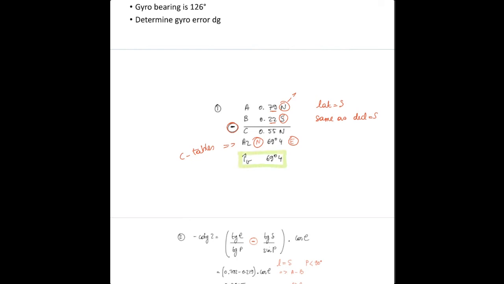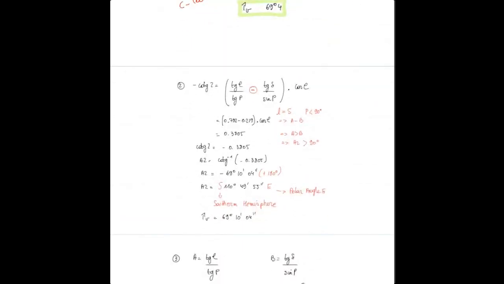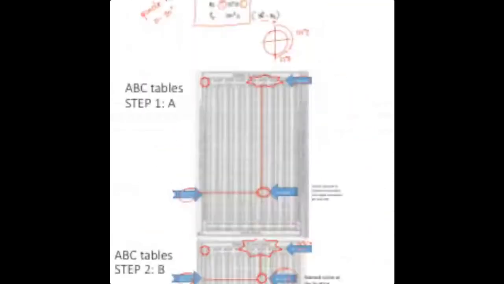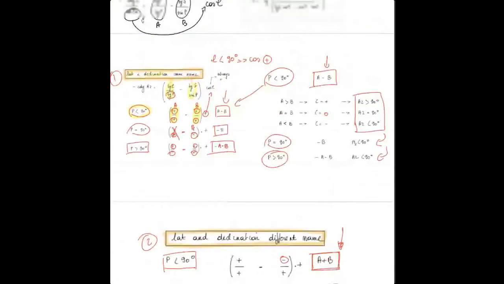46.9. Okay. Second way to calculate this is with the complicated formula, where we see now that latitude has the same name as declination. And then, if you allow me once again to go back more and more up, we now see that latitude and declination have a different name, that the polar angle is smaller than 90 degrees.